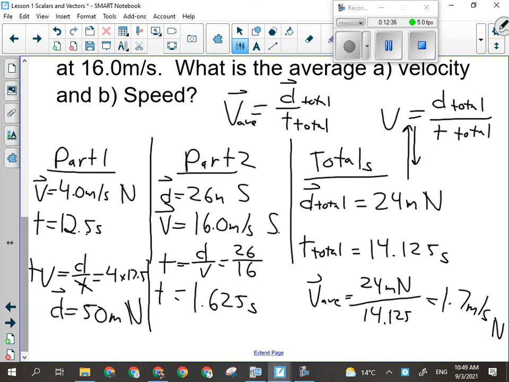Now I need to calculate the speed. So I need the total distance. How do I calculate the total distance? I just add them together, right? Distance is scalar. It doesn't care that one was north and one was south. It just cares how far did I go. I went 76 meters. That's how far: 50, then 26, 76 meters in total. It's scalar, so direction doesn't matter.